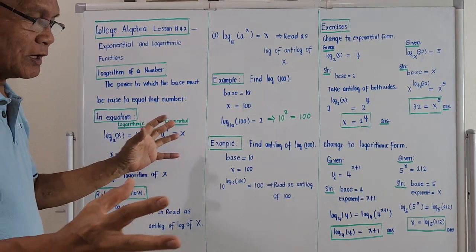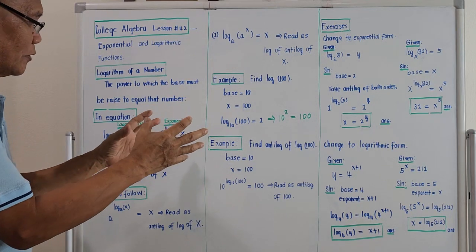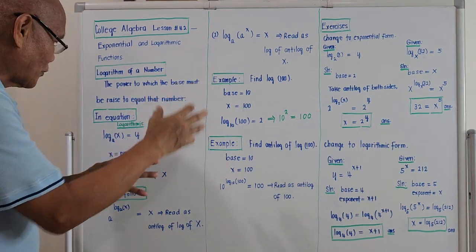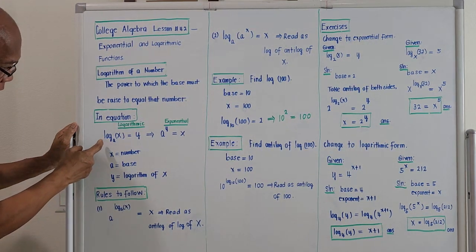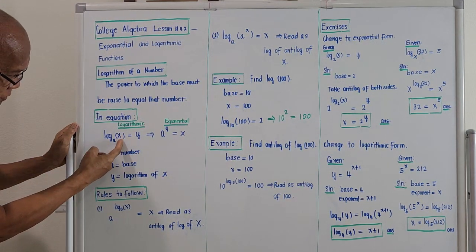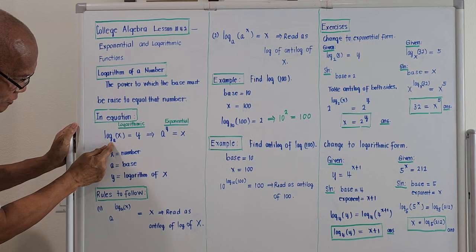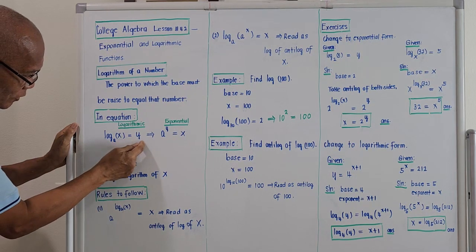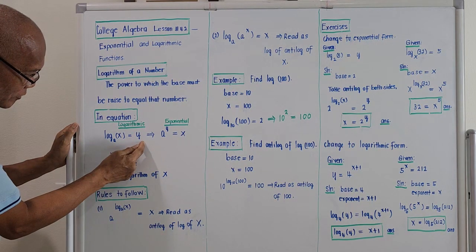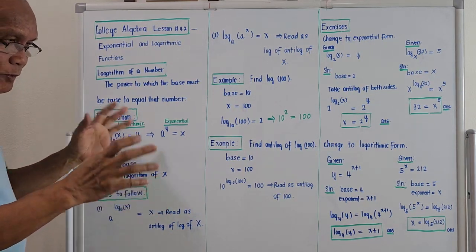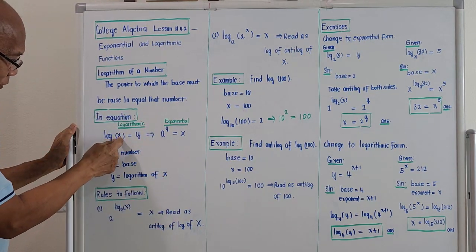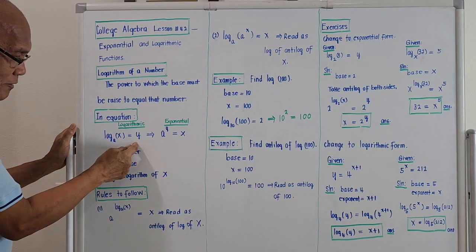If we try to relate that definition to an equation form, it is something like this. The logarithm of x with the base a should be equal to y. According to the definition of logarithm, the logarithm of x with the base of a is y.